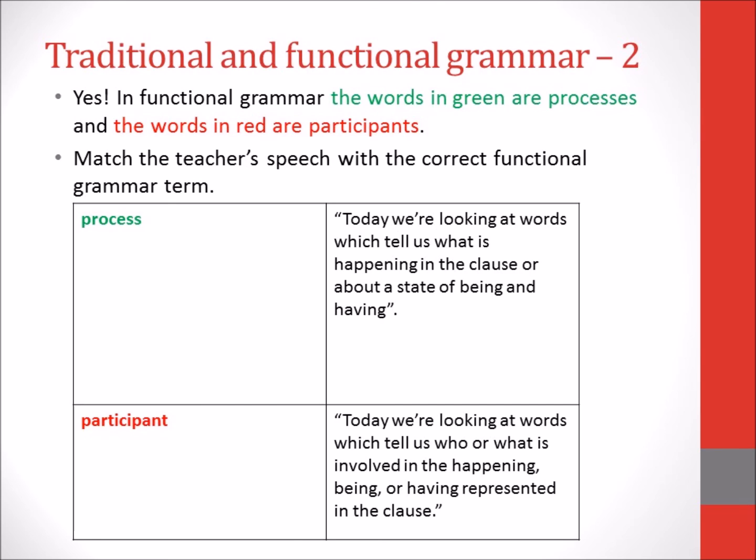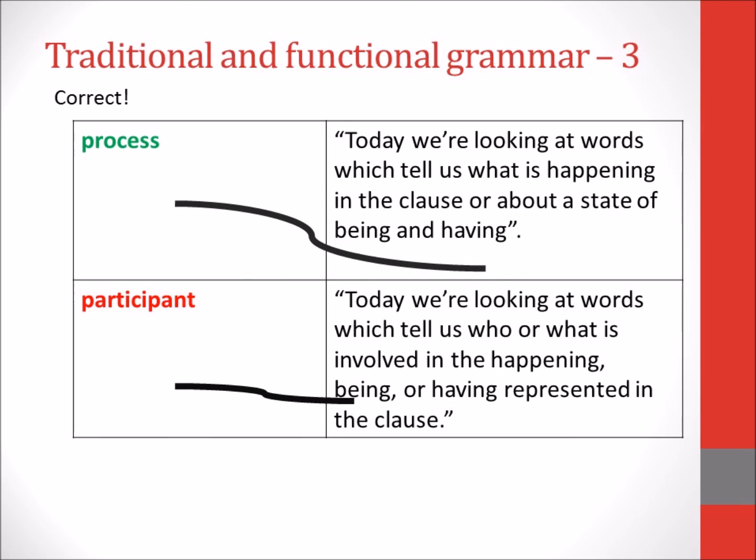Today we're looking at words which tell us who or what is involved in the happening, being or having represented in the clause. If you're going to draw a line between the teacher's statement and the vocabulary there, where would you draw the lines? Which is the process? Which is the participant? I suspect that this is what you would have drawn if you had the chance, which is terrific.